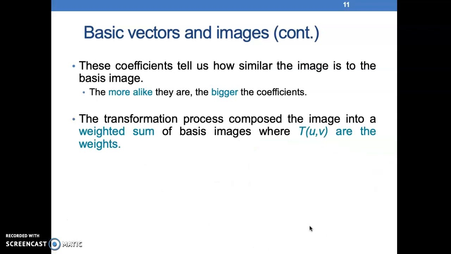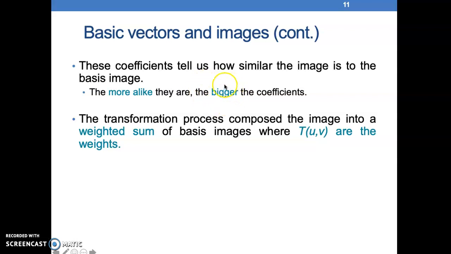This coefficient tells us how similar the image is to the basis image. The more alike they are, the bigger the coefficient. The coefficient is the value that you get from the inner product.